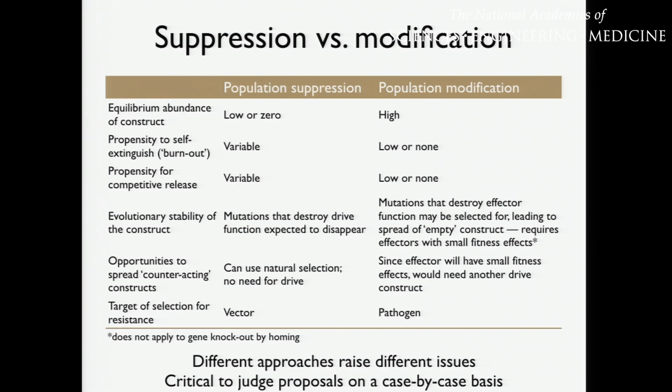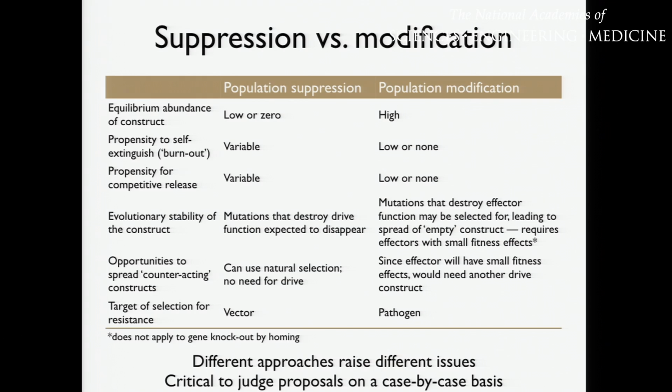Whereas for population modification, if you're trying to knock in an effector gene, then mutations that destroy that effector function may be selected for, leading to the spread of an ineffective or empty construct. That puts a constraint of having to have effectors that you're driving in with small fitness effects.